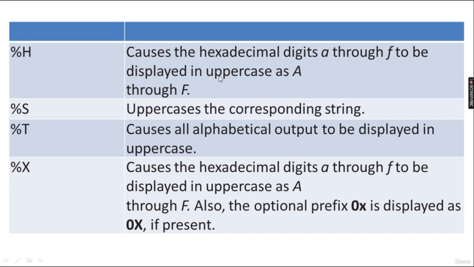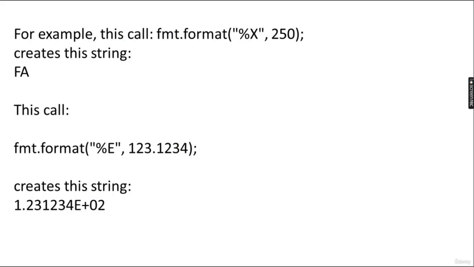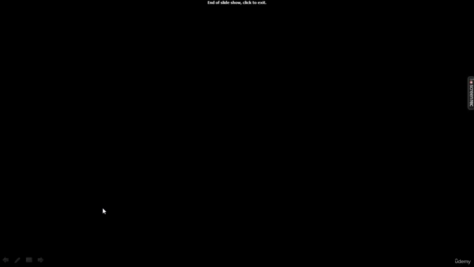Also, the optional prefix 0x is displayed as 0X if present. So %X with 250 creates the string FA in capitals. And %E with 123.1234 creates the string 1.231234E+02 with a capital E.